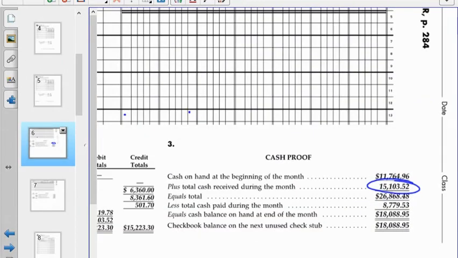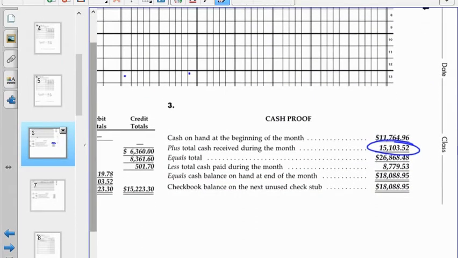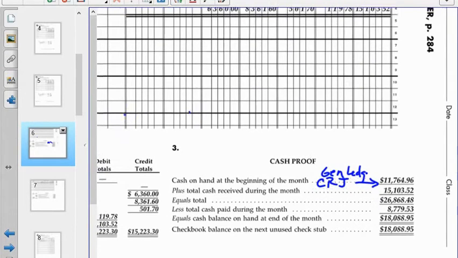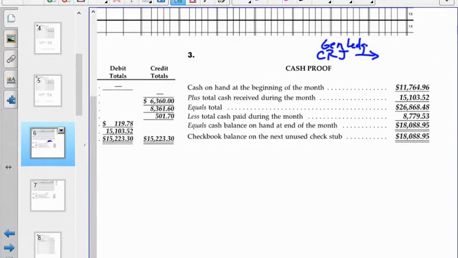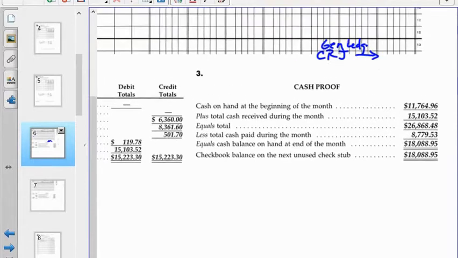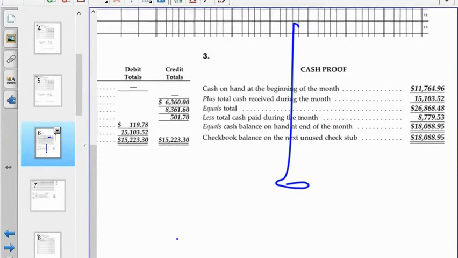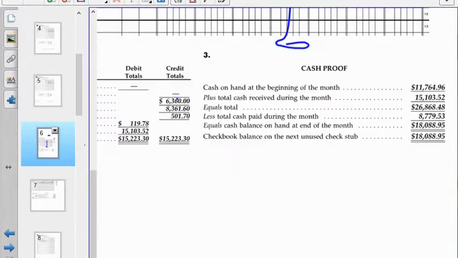So let's take a look from the actual answer key, a little cleaner handwriting than what I got going on. General ledger number there. Cash receipt journal from above, $15,103.52.